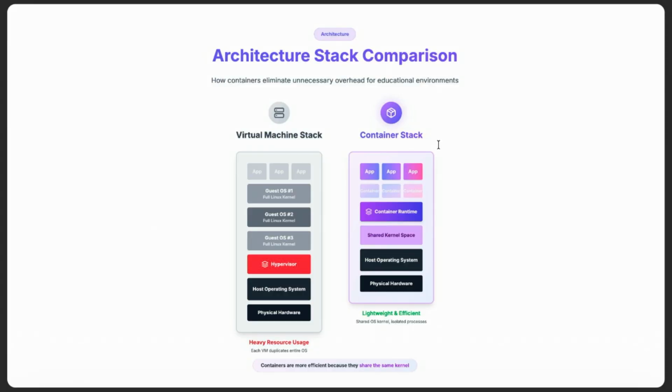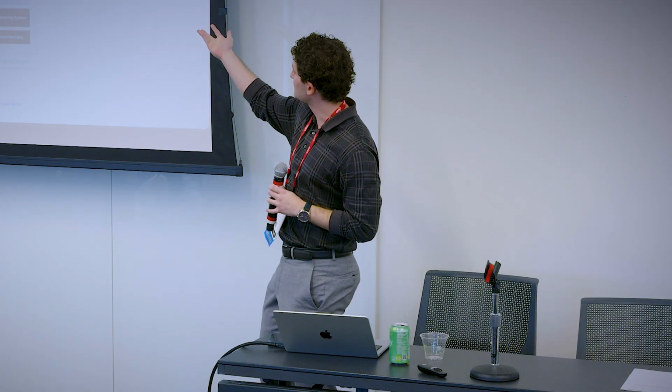So why is this? If containers are so much better, why do virtual machines even exist? Well, there are benefits to a virtual machine, and the main difference between them is something called hardware-level virtualization versus operating system-level virtualization. We can see on a high-level view of the stack of a virtual machine versus a container that for each virtualized instance on the virtual machine, it is virtualizing a full Linux kernel, versus the container stack we can see that using the containerd runtime, we're able to have a shared kernel space between each virtualized instance.